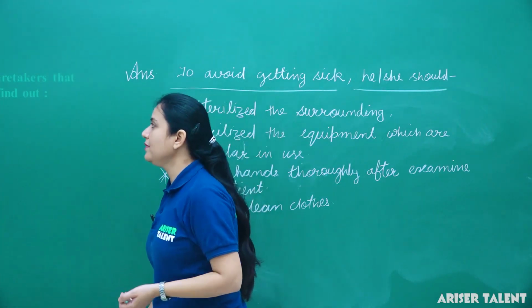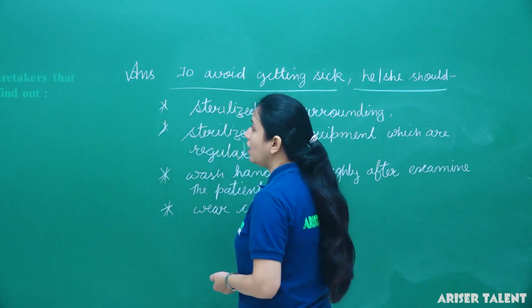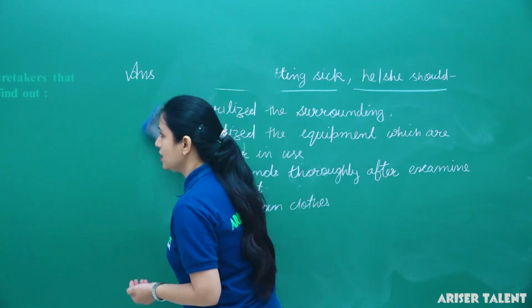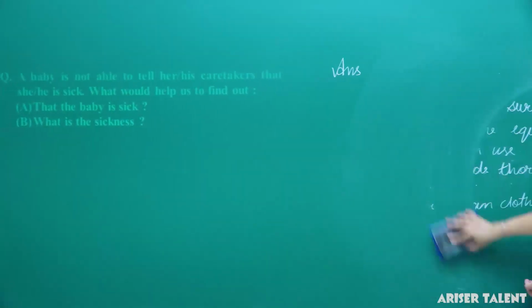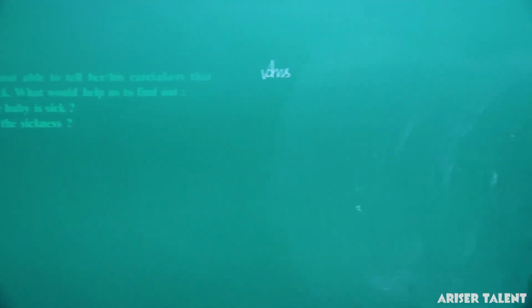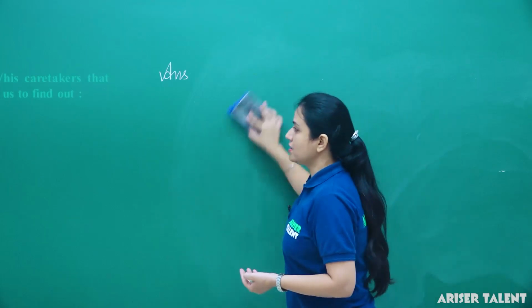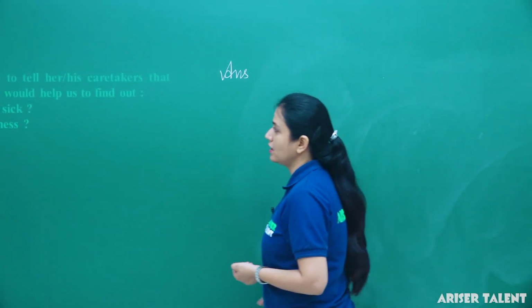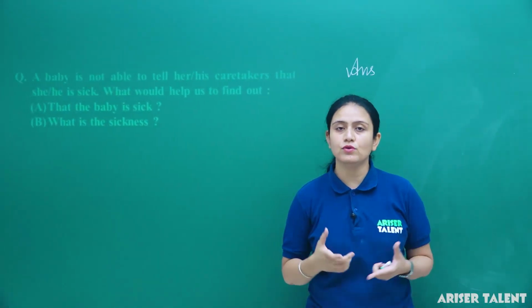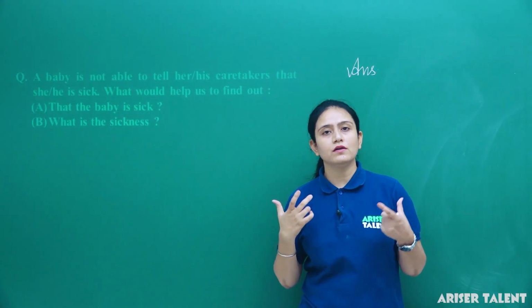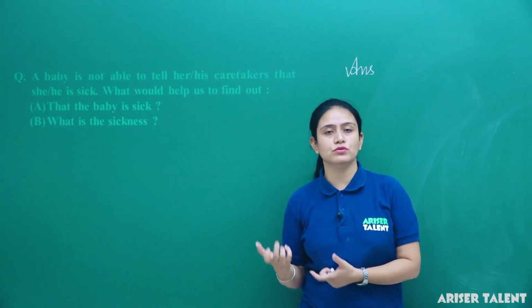Next is, a baby is not able to tell her or his caretaker that he or she is sick. What would help us to find out that the baby is sick and what is the sickness? The baby cannot speak, cannot tell his problem to the caretaker.